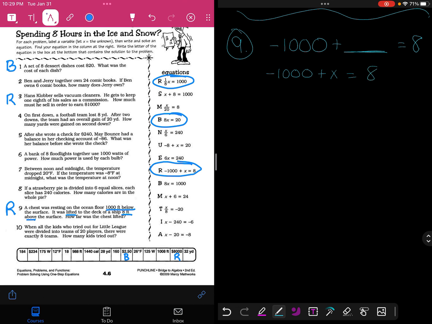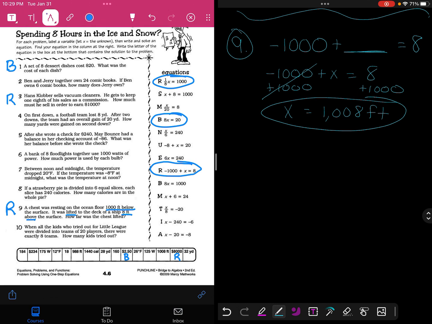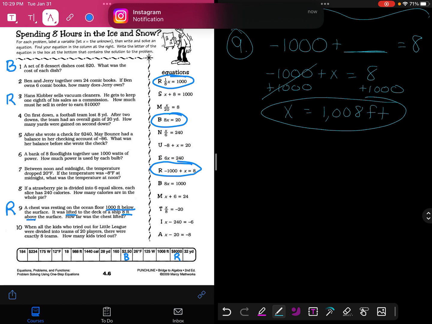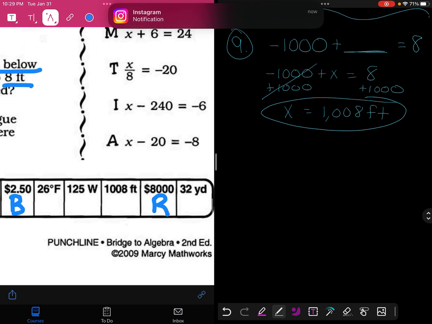So I need to do the opposite, which is add 1,000 to both sides. So that goes away, leaving x. And I need to add 1,000 to this side. So when I add that, it's going to be 1,008 feet. So that is going to be, looking at the bottom, at the end, so we're going to write another R.